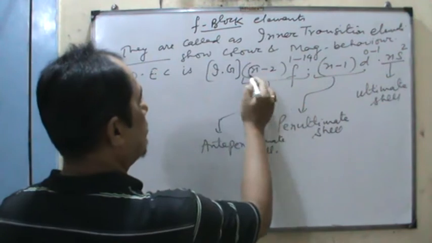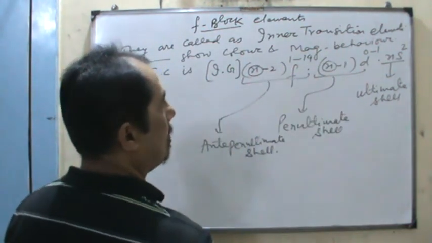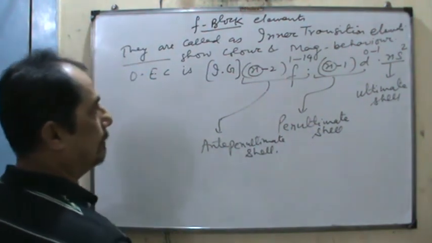So n is the period. n is the period: (n-2)f1 to 14, (n-1)d0 to 1.